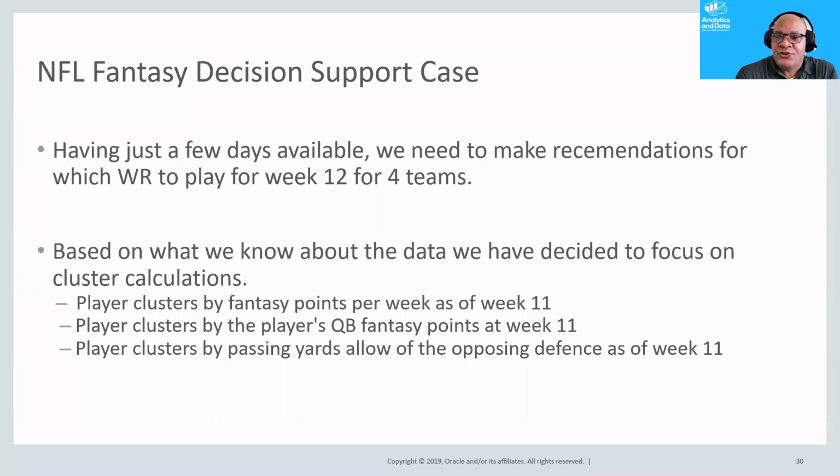And we wanted to look at three aspects of the players. We wanted to look at the points per week for each player, the player clusters for their quarterback. So whatever quarterback is playing as of week 11 and going into week 12, how good is the quarterback for that wide receiver? And then how bad is the defense that wide receiver is going to be playing? So these are the things we wanted to try to put together and understand for our decision tool.